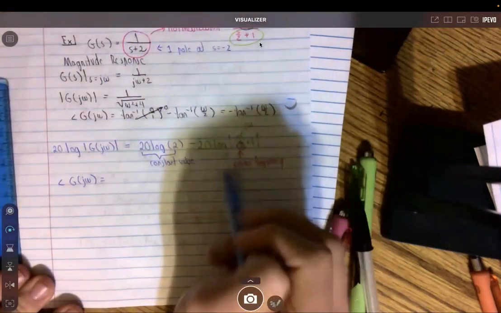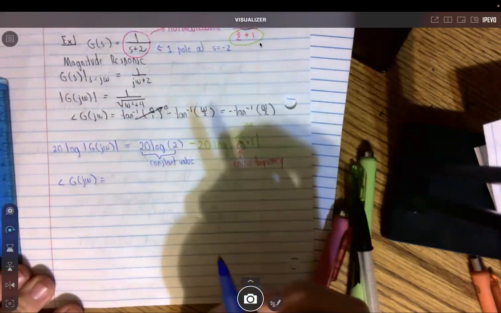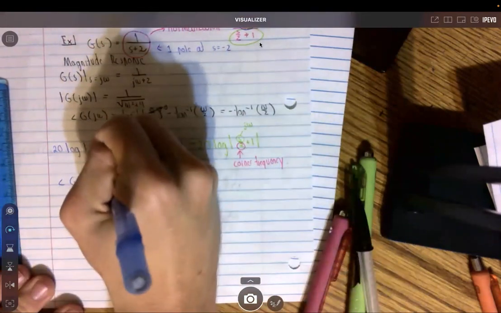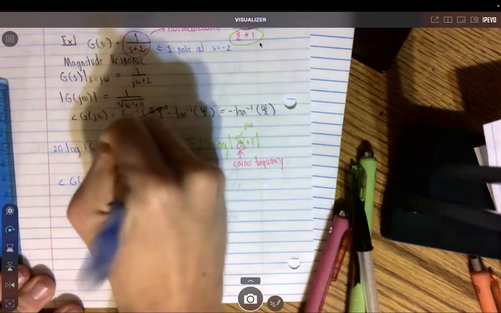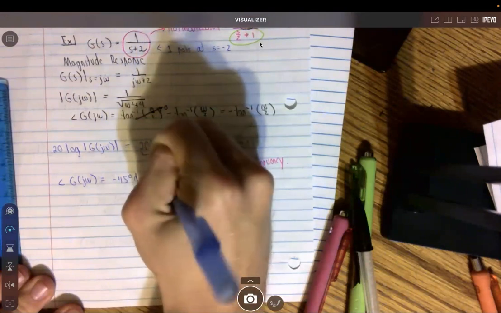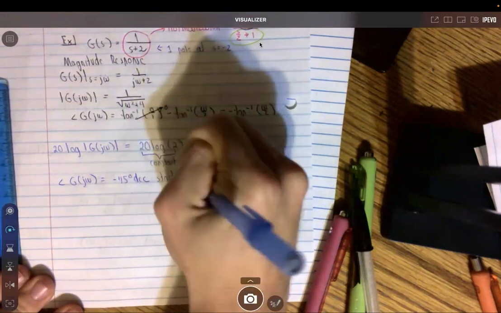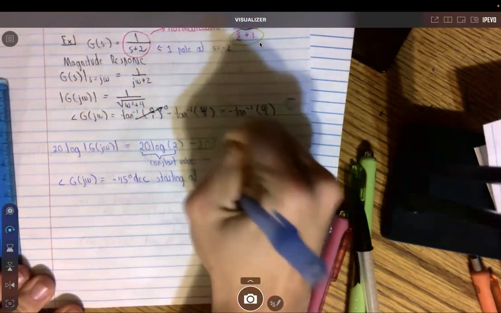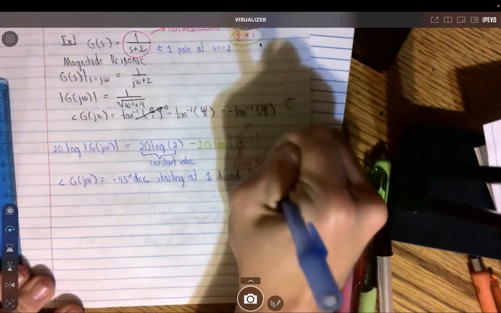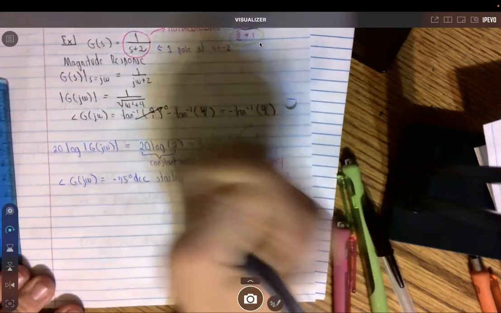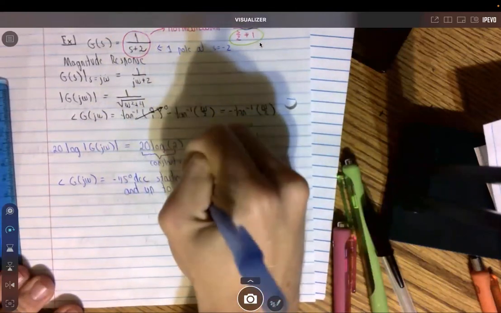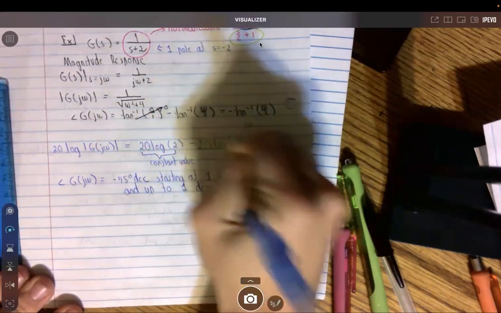So notice that our corner frequency was at 2 when we did the normalization. This became 2. So we're going to have negative 45 degrees per decade starting at 1 decade before ω equals 2 and up to 1 decade after ω equals 2.